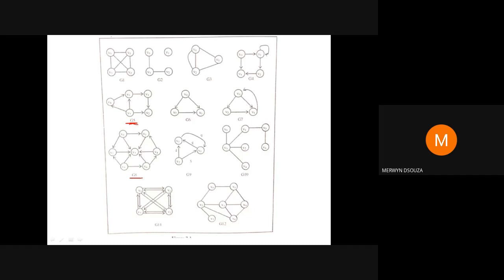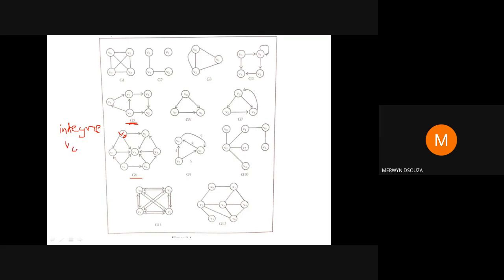So the in degree of V0, how many edges are entering V0? This is V0. There is no edge which is entering V0. So therefore the in degree of V0 is 0.